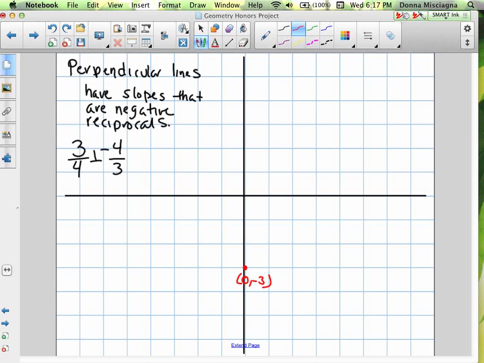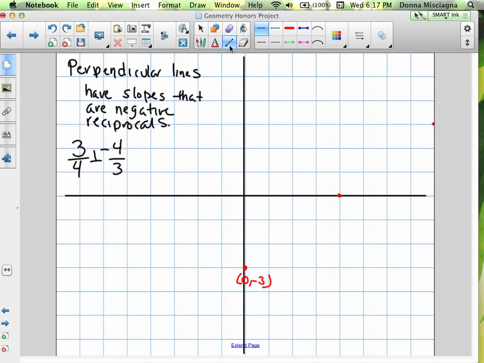So that means it's going to go up 3, 1, 2, 3, to the right 4, 1, 2, 3, 4. I have enough space, I'll do that again. Just barely enough space. I could go the other way, but I'm running out of space there.